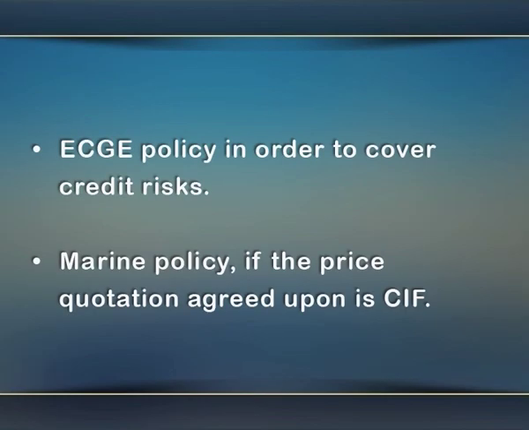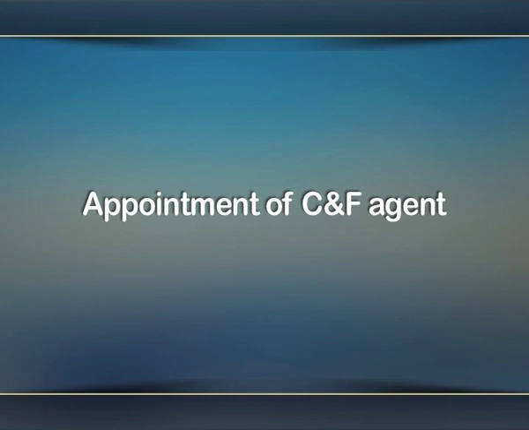Obtaining insurance cover. The exporter must take appropriate policies in order to insure risks. ECGC policy in order to cover credit risk. Marine policy if the price quotation agreed upon is CIF. Appointment of C&F agent.